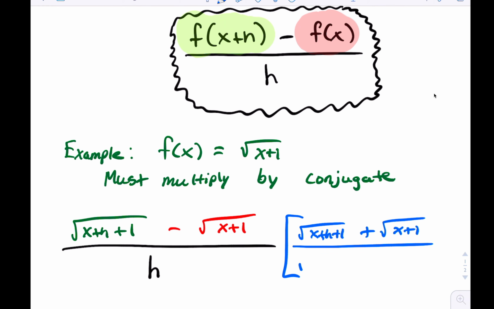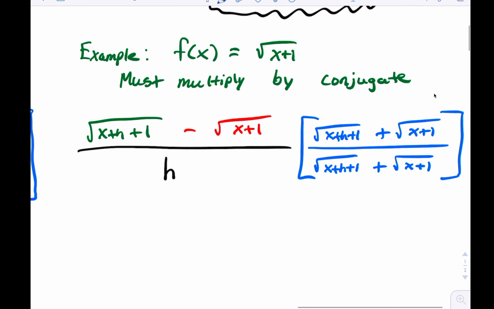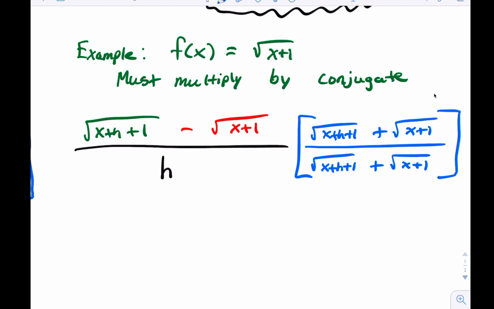So it's just the opposite of your numerator. What I have inside the square root stays the same. The only thing that is changing is the sign in the middle going from a negative to a positive. And the same rule is going to apply for this one that it did for the rational function. Do not multiply the denominator out.